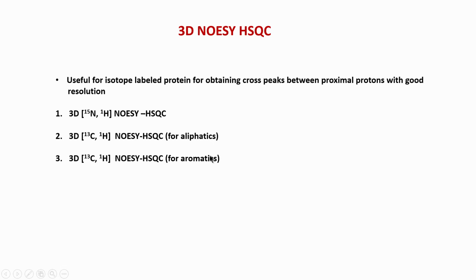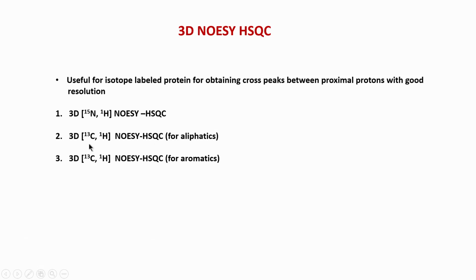The reason these two are different is that the chemical shifts of aromatics and aliphatics are widely different, both in proton and in carbon. In carbon, aromatics typically come around 140-130 ppm, whereas aliphatics come between 0 to 60-70 ppm. Therefore, it is difficult to do both aliphatic and aromatic NOESY HSQC in a single experiment.